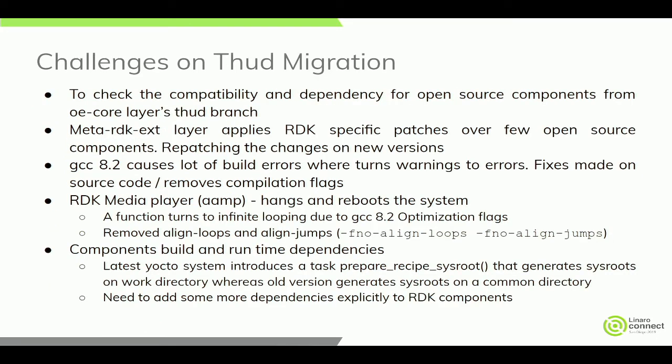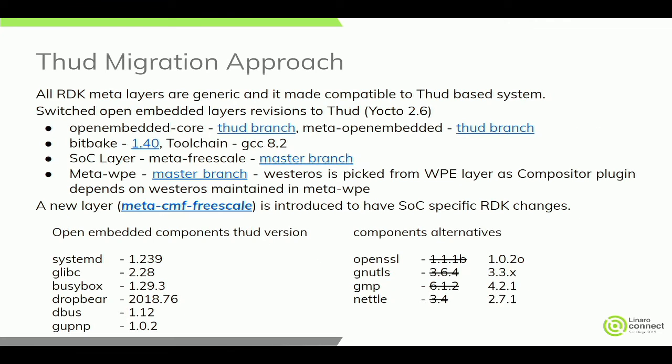So these are all the challenges we faced on migrating to Thud. Very first, we need to check the compatibility and dependency of the open source components that are used with RDK components. As we saw earlier, some of the versions from Thud can be used for the RDK media stack, and some have to be maintained at particular versions.